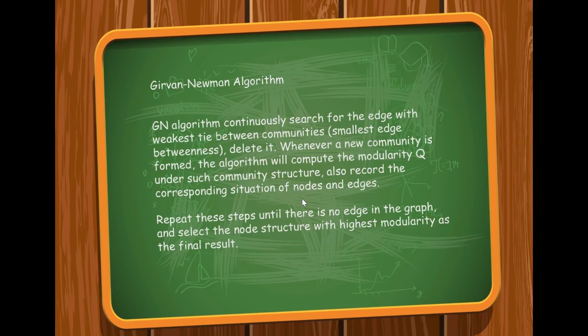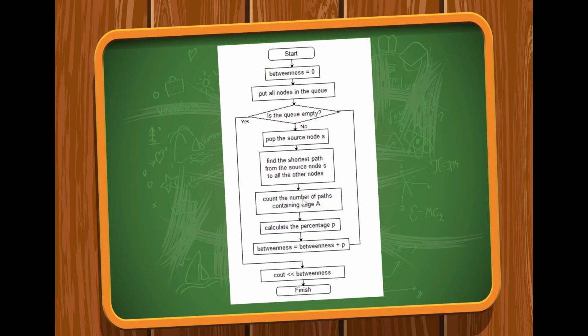We will repeat these procedures until all the edges are deleted and find the node structure with the highest modularity. For the modularity, the higher the better. Here is the algorithm for edge betweenness. You can see from here, it is really time-consuming and it is really complex.